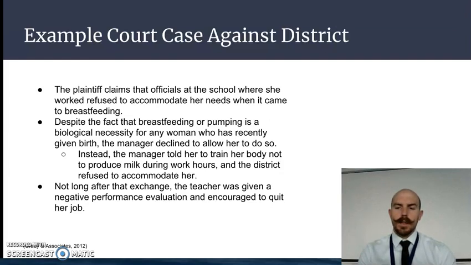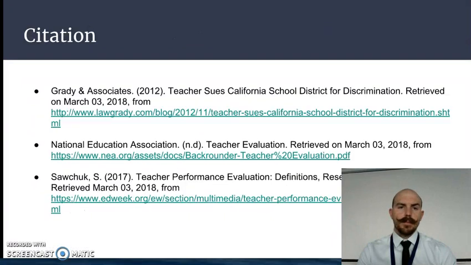She claimed that this was a biological need and something she needed in order to support her child, but also for her body. The school denied her and then tried to basically get rid of her. Not long after that exchange with her supervisor, the teacher was given a negative performance evaluation and then encouraged to quit her job, which is very unfortunate.